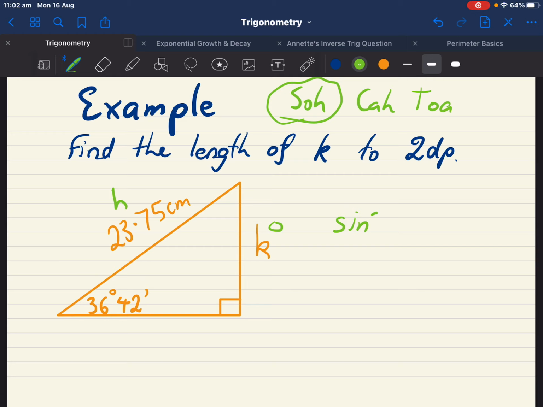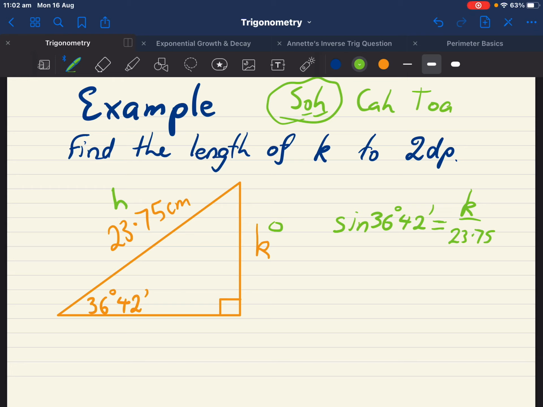Sine of the angle, which is 36 degrees, 42 minutes, will be equal to, and make sure you do your fraction in the right order, opposite first and then hypotenuse. So in this case, K over 23.75 centimeters. Okay, so you write out your trig ratio.